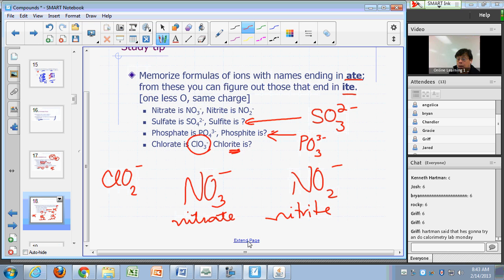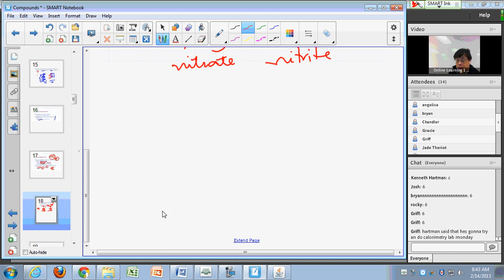Here's a good memory aid that I found on the internet that you might find useful for memorizing a few of the ions with names ending in ate. So nitrate, carbonate, these are the most common ones you'll see.